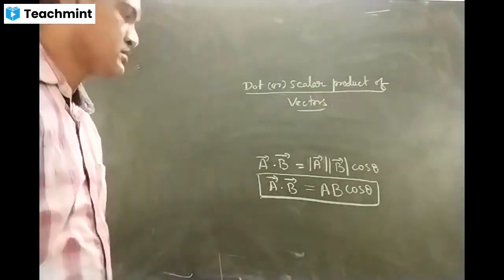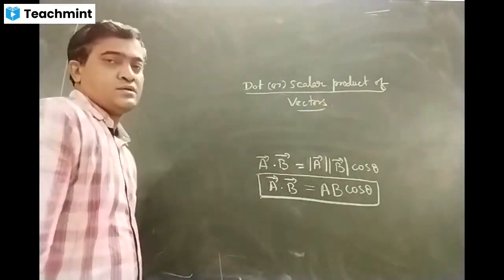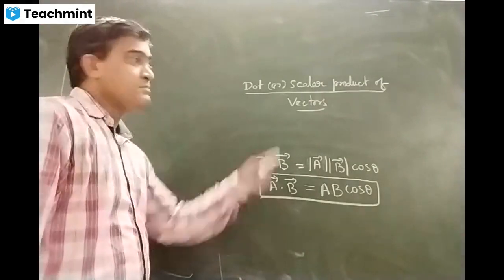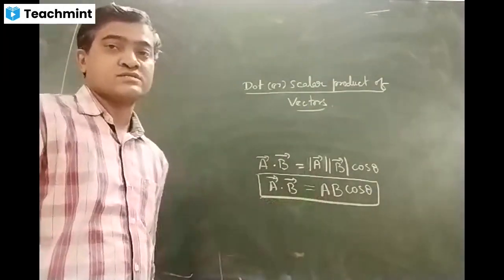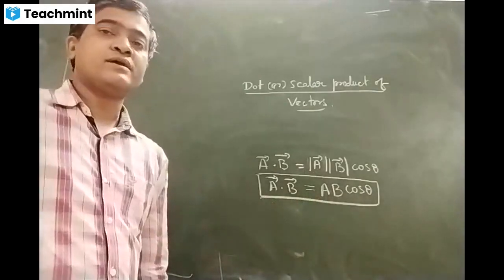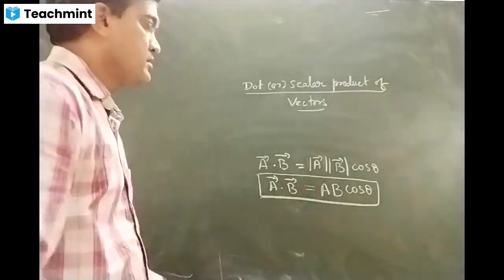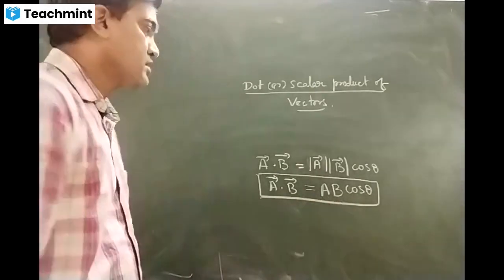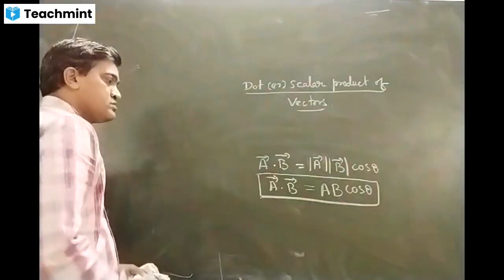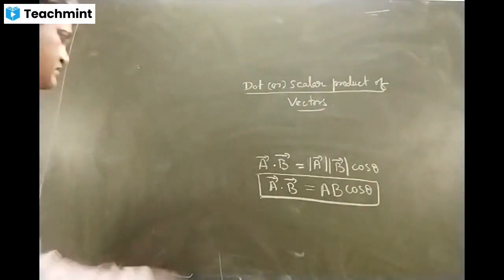This comes under multiplication of vectors. Here I am multiplying the magnitudes of the two vectors A and B.